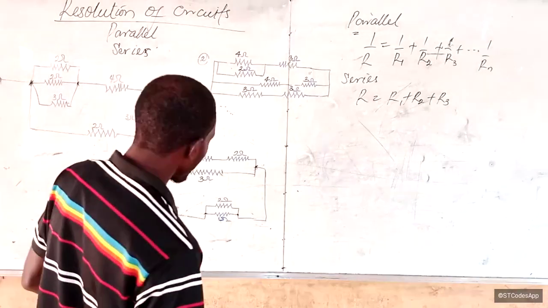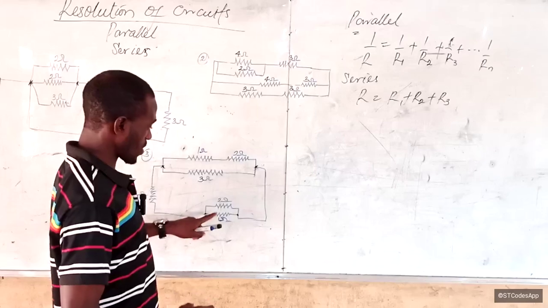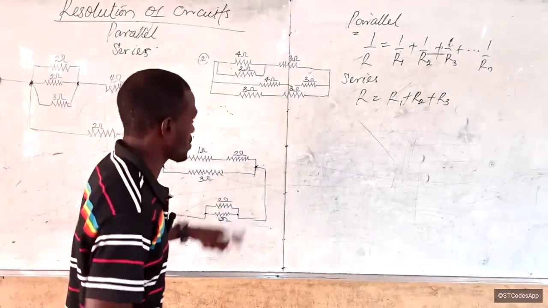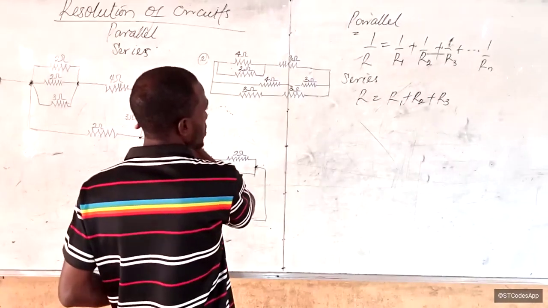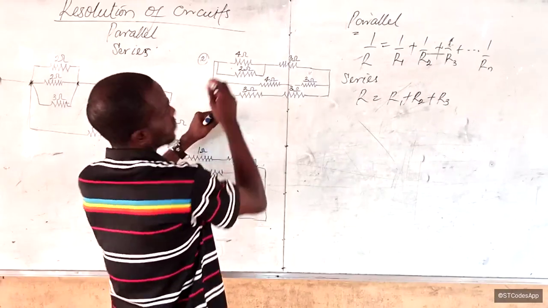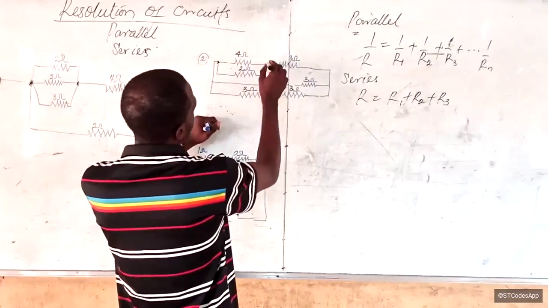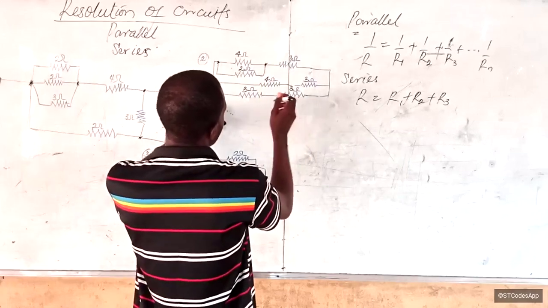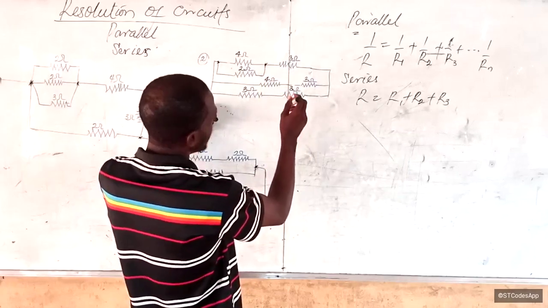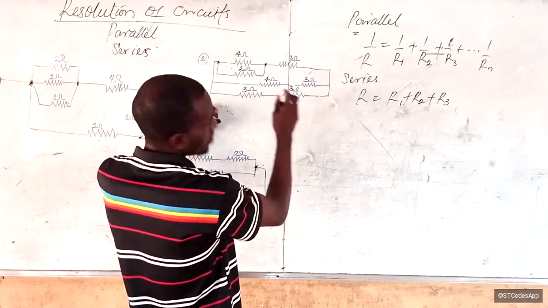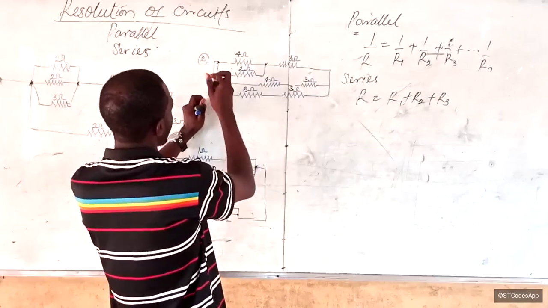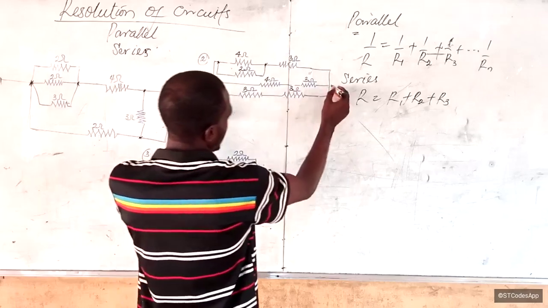Why is this not a junction? Because it will be connected in parallel with this one. Alright, here, what are the junctions? Here. So this is a junction and this is a junction.